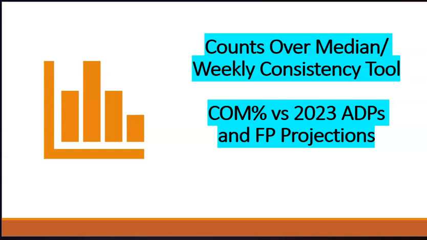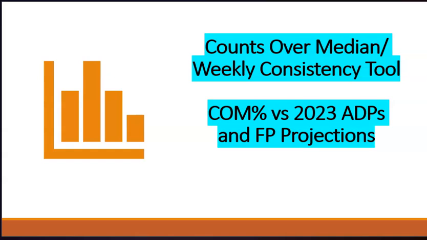We have been going top down in our research, and we have arrived at 2023 ADPs and projections and comparing that to consistency. If two players are ranked very close, consistency might be a good tiebreaker. Make sure you keep your diary and see if this metric actually helps.